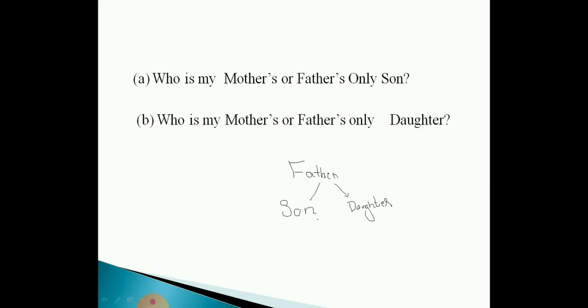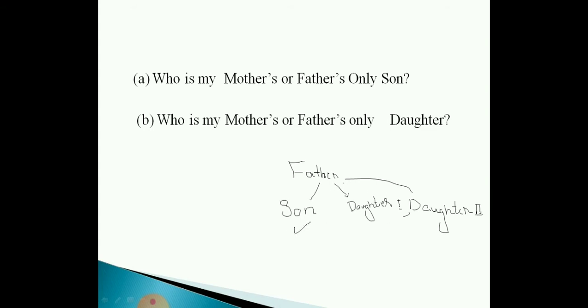For the second case, suppose the father has one son and two daughters, daughter 1 and daughter 2. If the question is asked, who is your father's only son, the son can say I am the only son of my father.